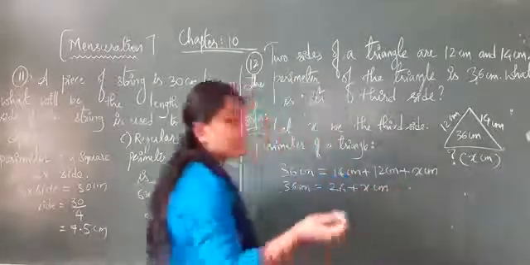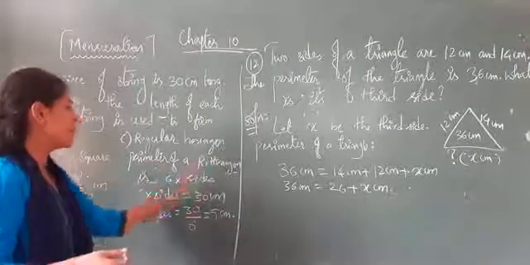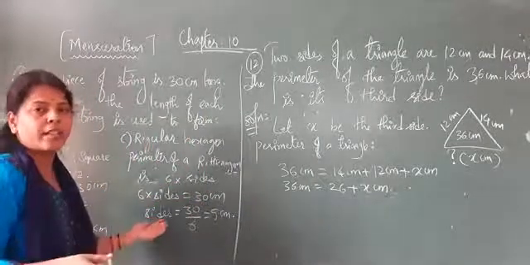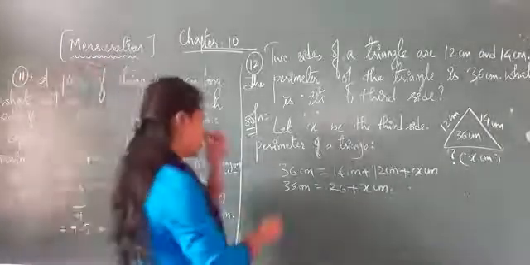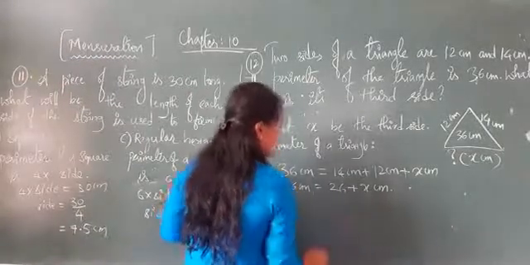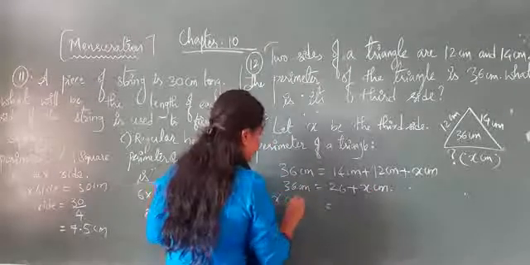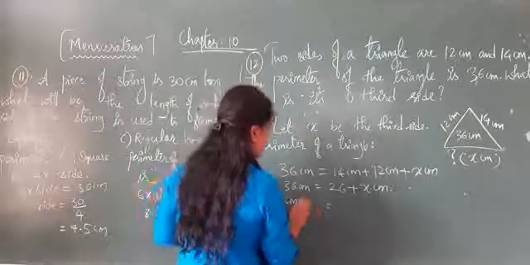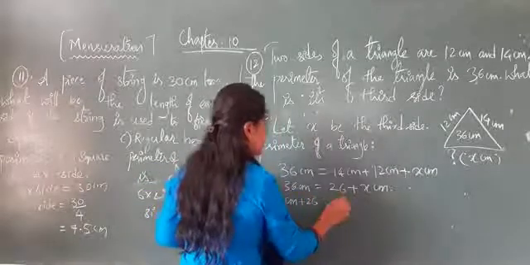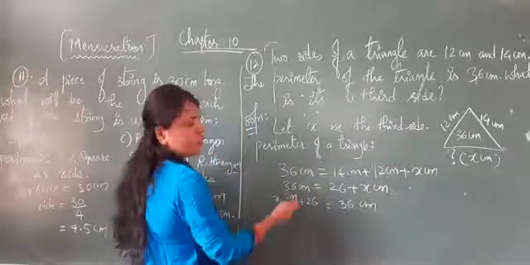And as we have seen in the previous one, when it comes to the sides, you have to send the value to the other side and write it. We have to do that here also. So keep the x centimeter there itself, or else we can take it on this side also: x centimeter plus 26 equals 36 centimeter. Okay, I have only written it in reverse.